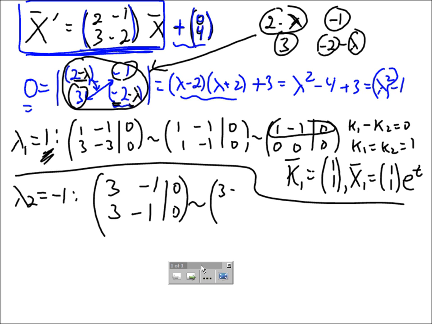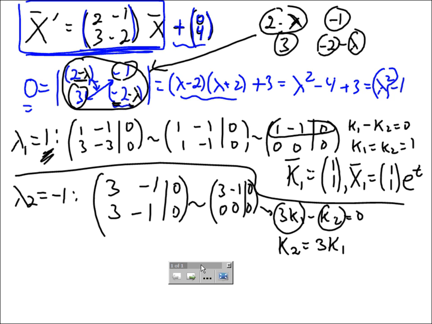And since the first two rows are identical, when I subtract, I'll get 0 for the second row. So that top equation tells me 3 times k1 minus 1 times k2 is 0. That means k2 is equal to 3 k1.